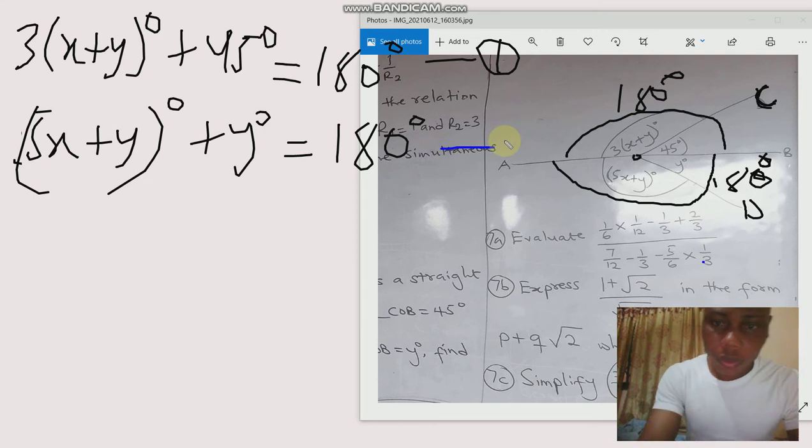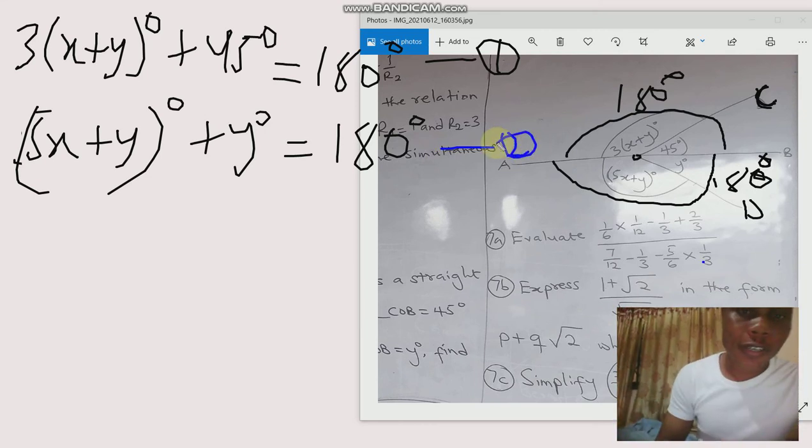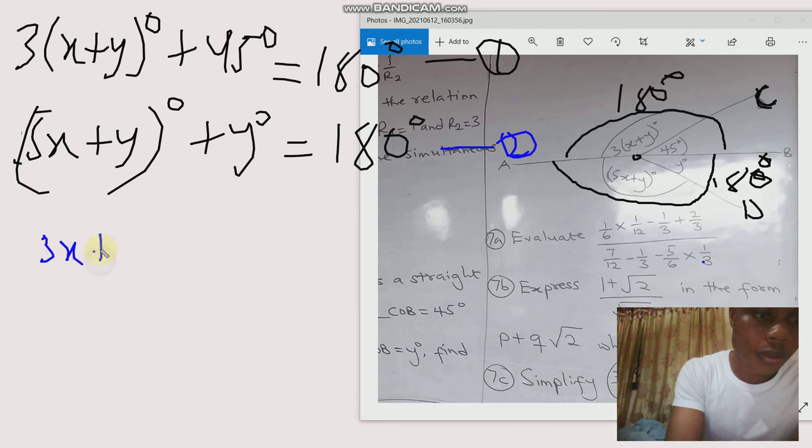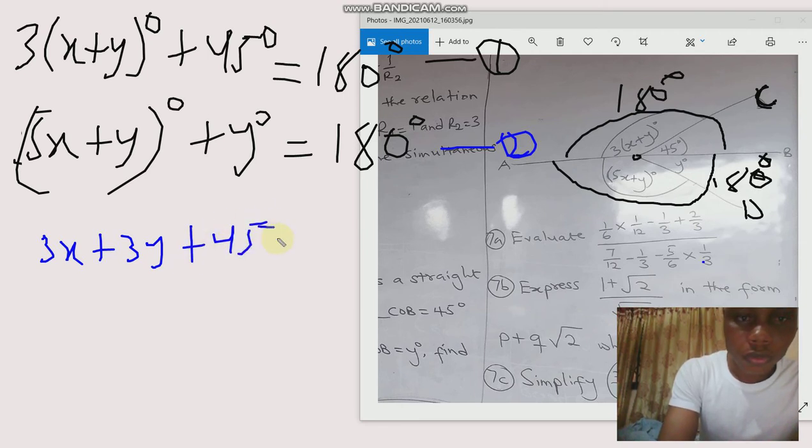Since there are degrees on both sides, I'm going to solve excluding the degrees, then when I'm done, I'll add the degrees back. So equation 1 is now 3x plus, multiplying 3 by y plus 45, equals 180.